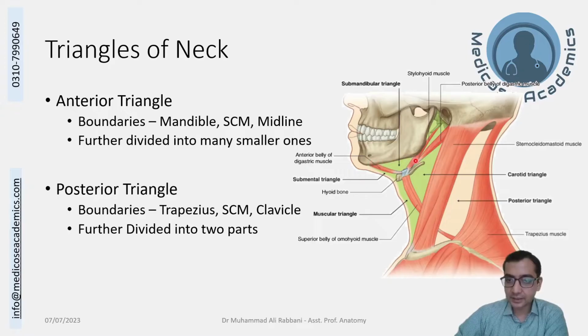The anterior triangle on the upper aspect is bounded by the jaw. The lower margin of the mandible forms the upper boundary of the triangle. Posteriorly, it is bounded by the sternocleidomastoid. Which border of sternocleidomastoid? The anterior border. So superiorly mandible, posteriorly sternocleidomastoid. Then we are left anteriorly.